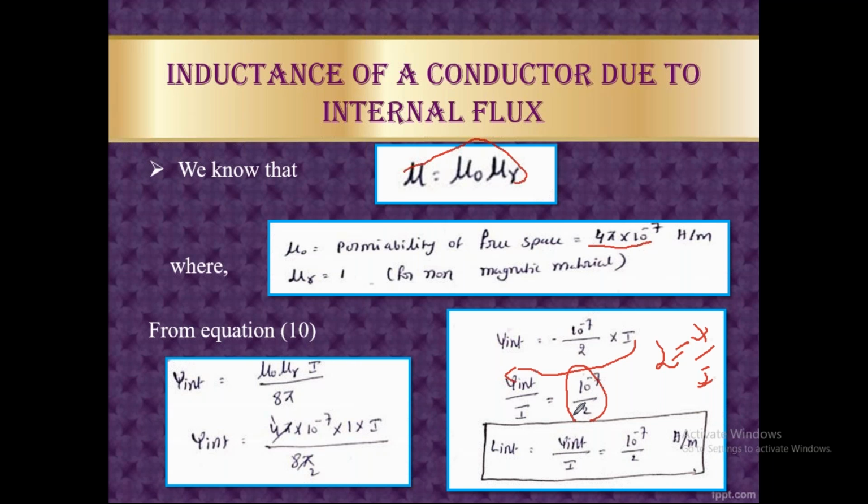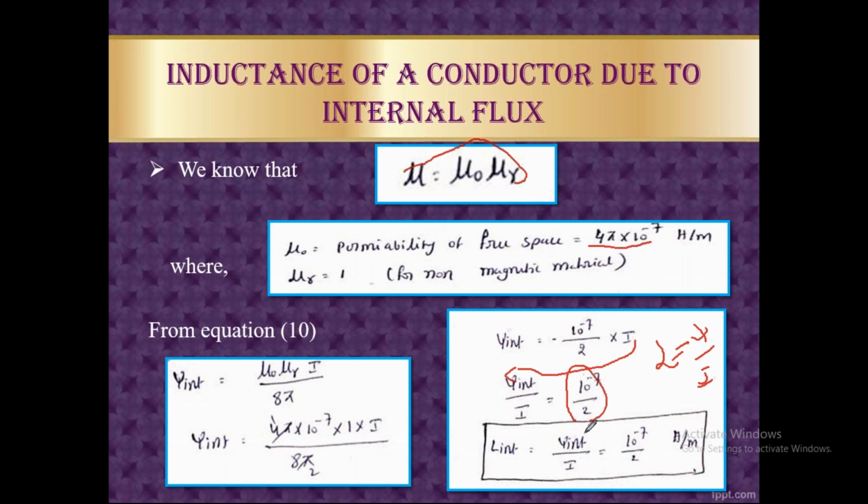For any problem or type of derivation with respect to inductance, you have to use this final equation. The inductance due to the internal flux is 10 power minus 7 by 2 Henry per meter, so it is usable in your problems also. Just remember this final equation. Sometimes they will ask, when 5 ampere current is flowing through the particular conductor, what is the internal flux linkage?